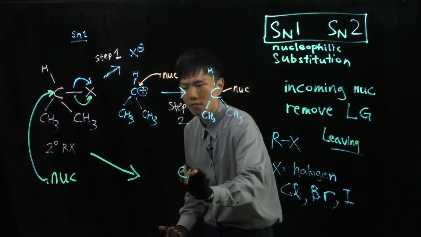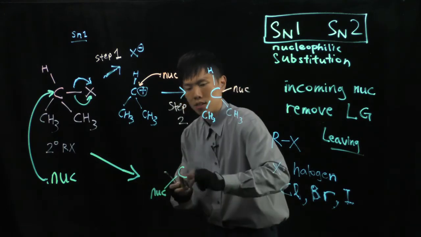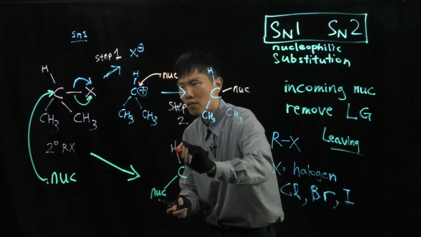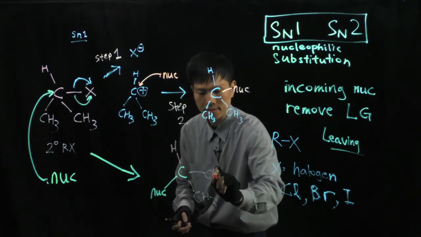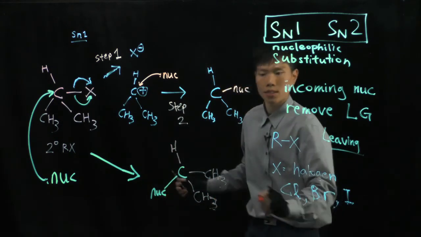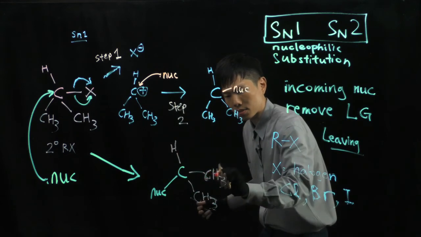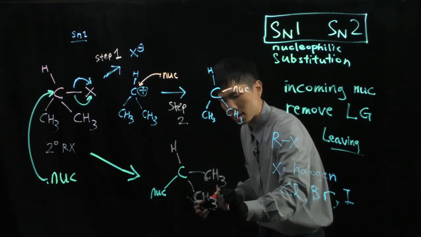So you just have a nucleophile by the side, and the rest of the bonds remain intact. Okay, can you see? The two methyl groups remain at the same location, not touched.